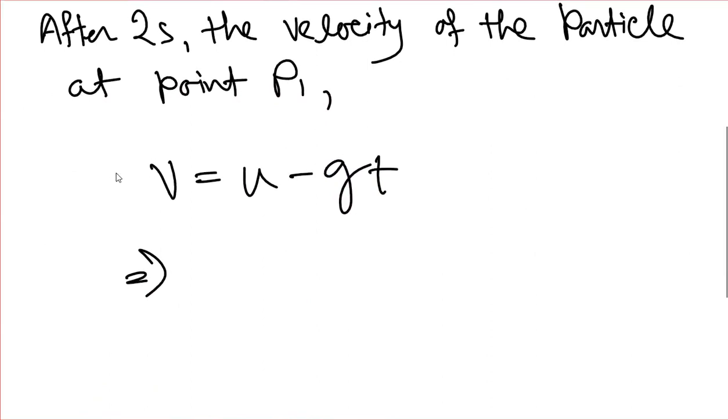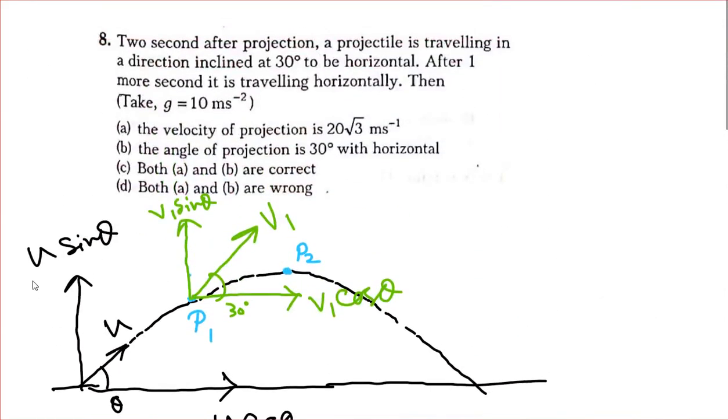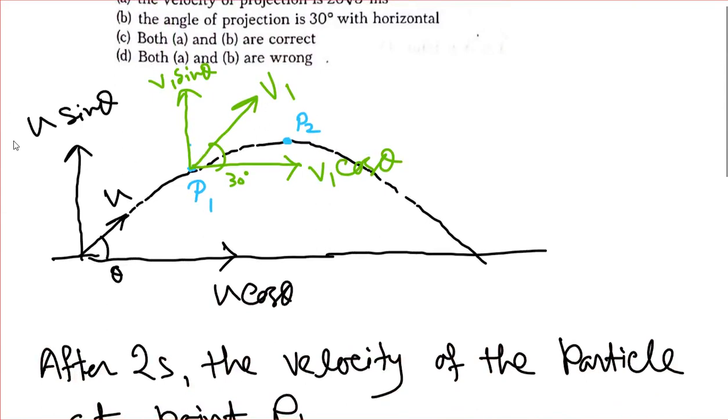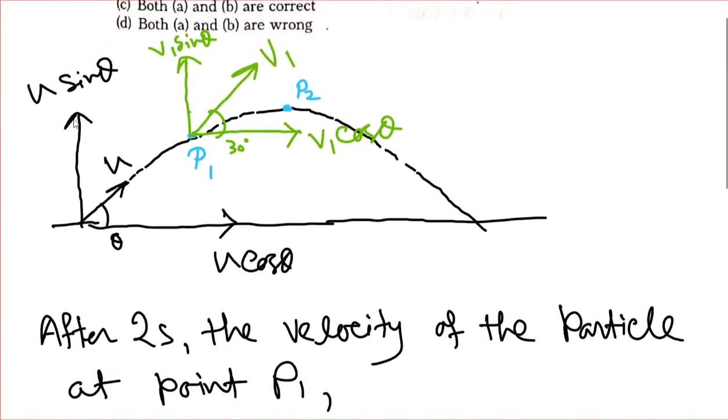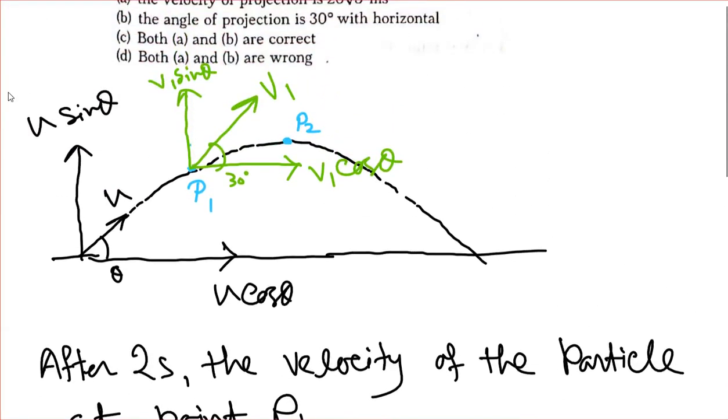So the V1 will be, what is the initial velocity? The initial velocity will be the u sin theta component. Okay, as जो पार्टिकल है वो हाइट की तरफ ट्रेवल कर रहा है, सो इसका जो यू कंपोनेंट है u sin theta, ये उसको ऊपर ले जा रहा है.